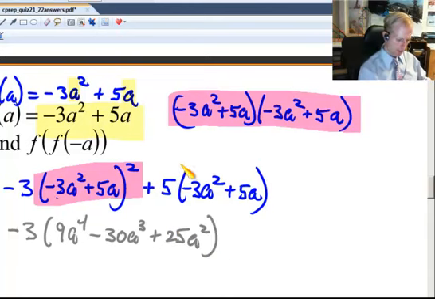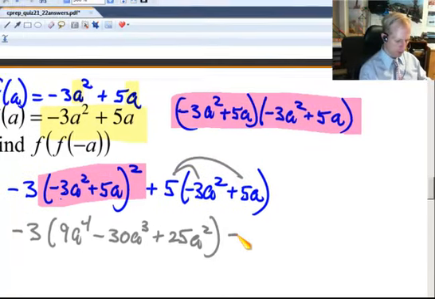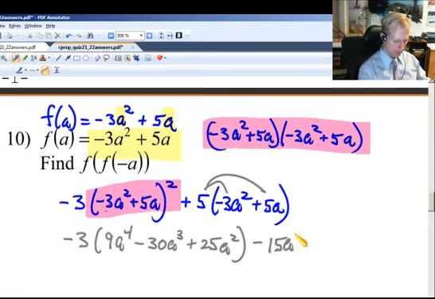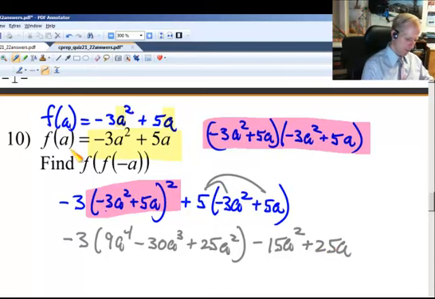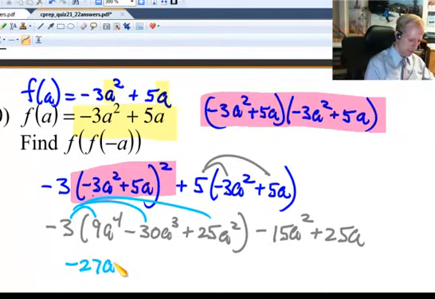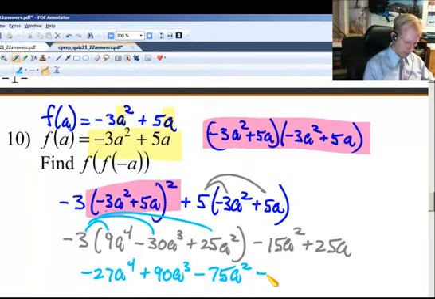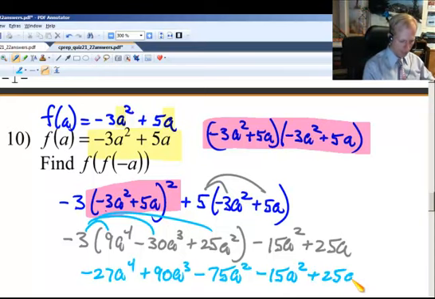And that is, let me distribute in the second expression. I get minus 15a squared plus 25a. Okay, now I need to distribute the -3. And that's going to give me -27a to the 4th plus 90a cubed minus 75a squared, and that's minus 15a squared plus 25a.